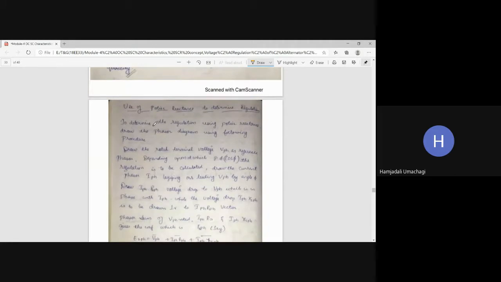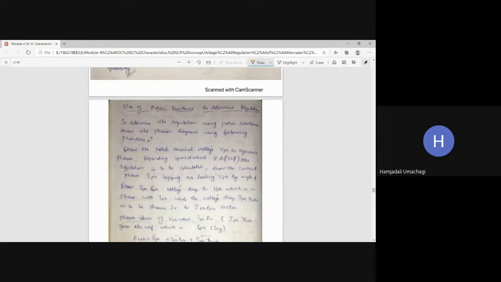To determine the regulation using Potier reactance, draw the phasor diagram using the following procedure. From that phasor diagram we will come to know that we have separated IA RA and IA XL as EMF quantities, whereas IA into XAR is the MMF quantity.